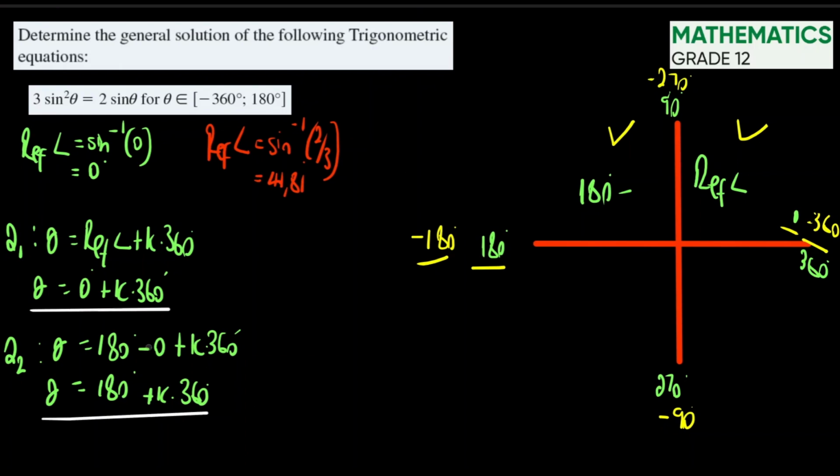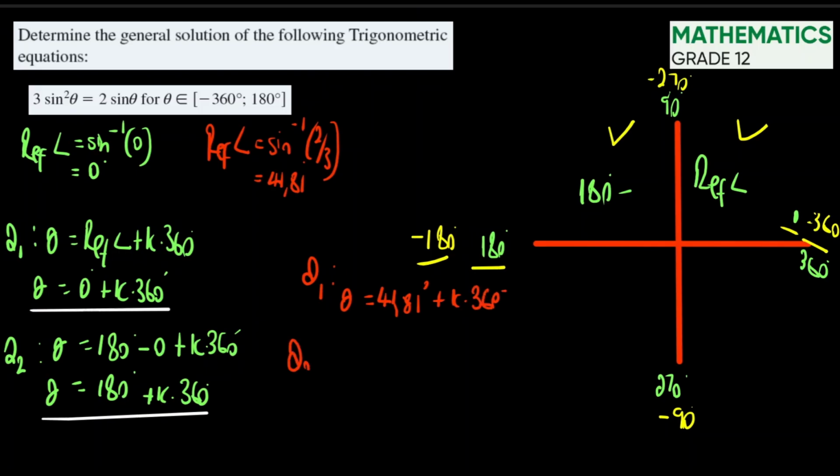So let's highlight them. Let's move on to the reference angle of 41.81 degrees. Sine is positive, so in quadrant 1, theta will equal the reference angle, 41.81 degrees plus k times 360.